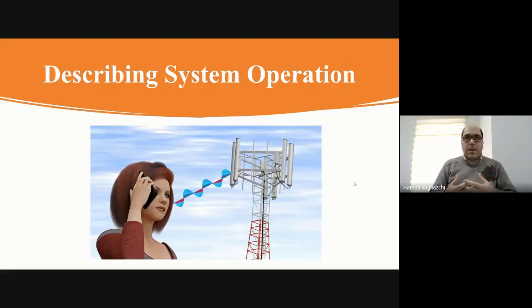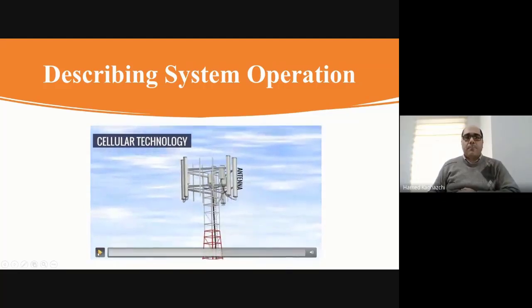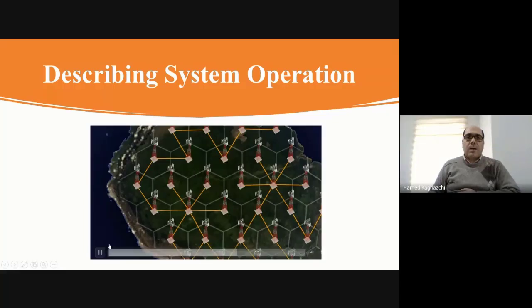Actually, all of these antennas receive these electromagnetic waves from the start point and send them to the destination point of the system. And also these antennas use cellular technology. As you see here, all of these towers are connected together in our board.